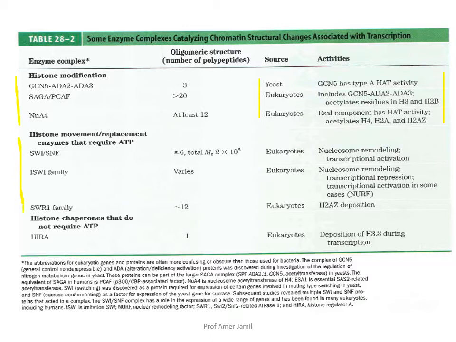So there are different protein families like ISW1 family, SWI/SNF, and so on, and they help in nucleosome remodeling, transcriptional activation. And the third one is the histone chaperones that do not require ATP, and they also help in deposition of certain types of modified histones during the transcription.